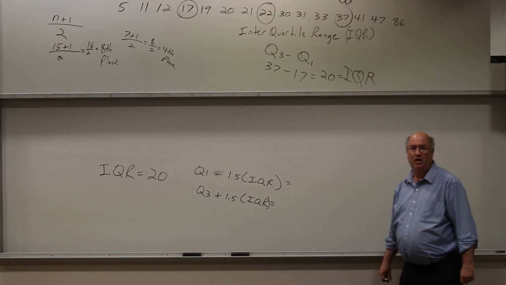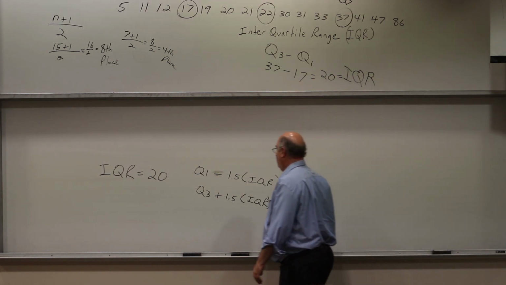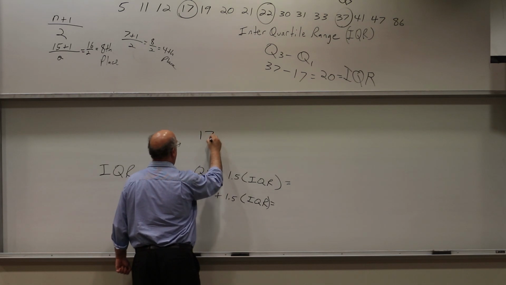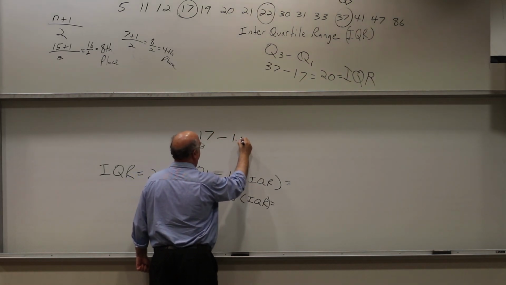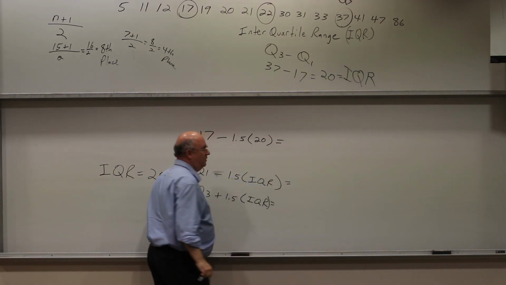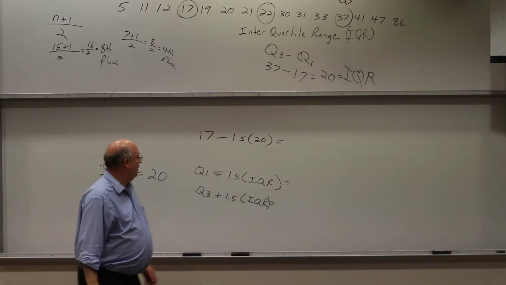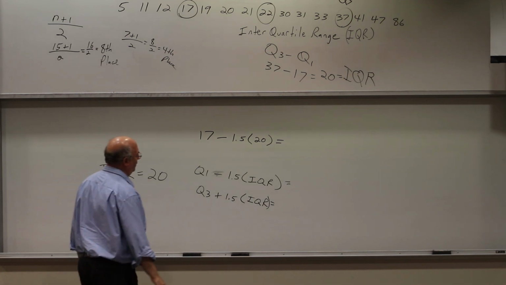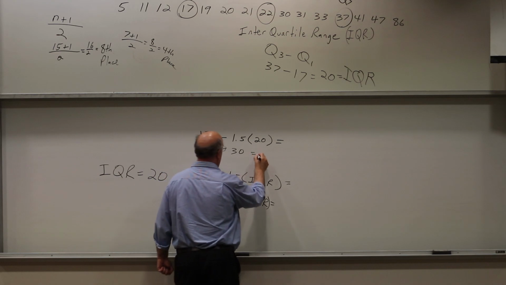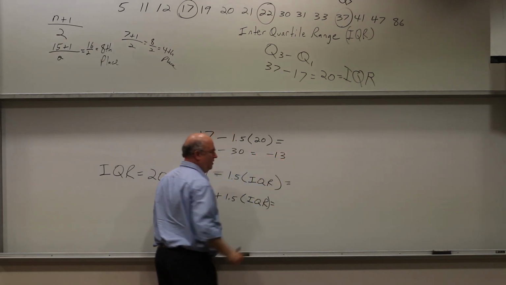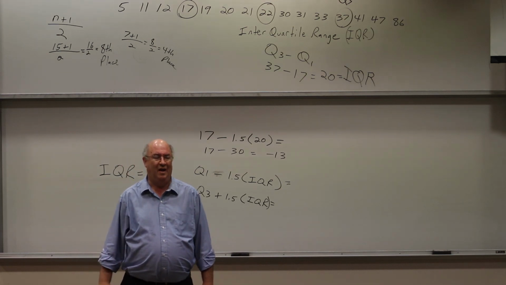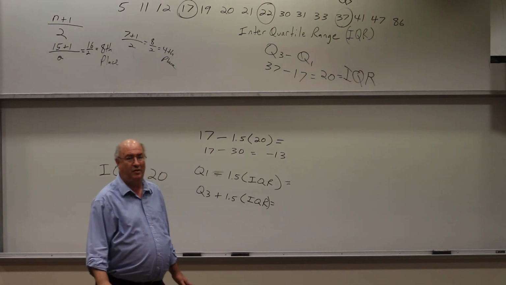20 is our interquartile range. So Q1 in our case was 17, minus 1.5 times 20. 1.5 times 20 is 30, but we're subtracting it, so that equals minus 13. Let's say we're looking at housing prices or anything.